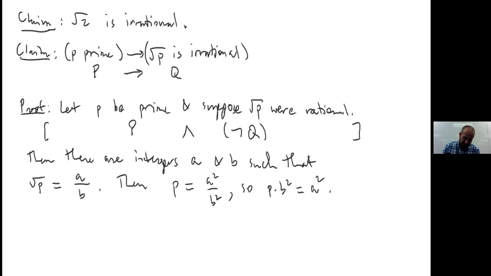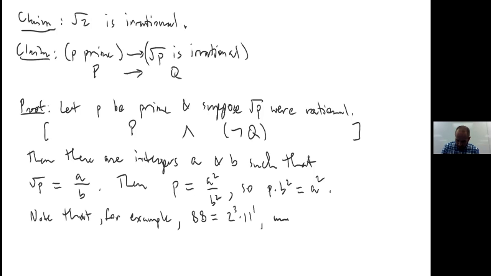So note that, for example, 88 is equal to 2 cubed times 11 to the first power.